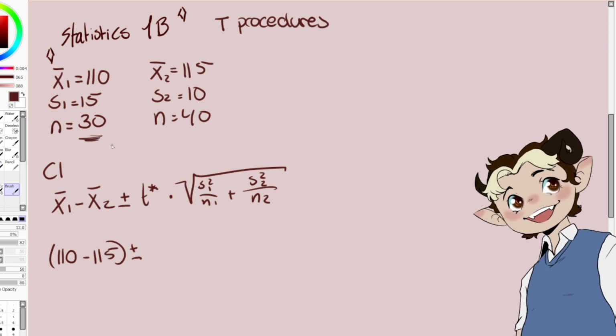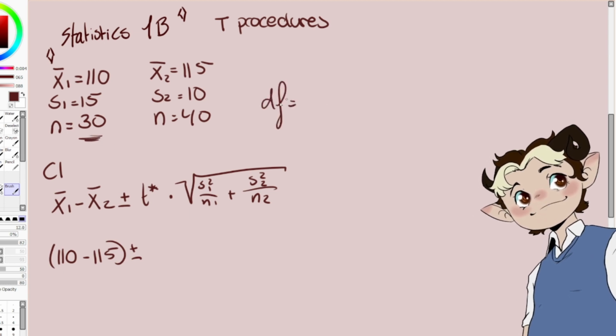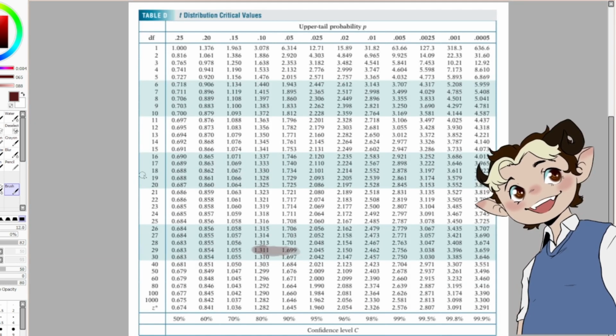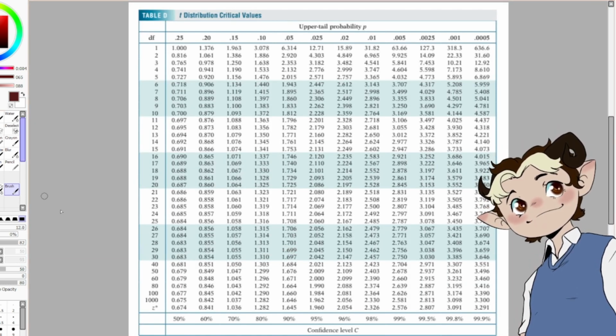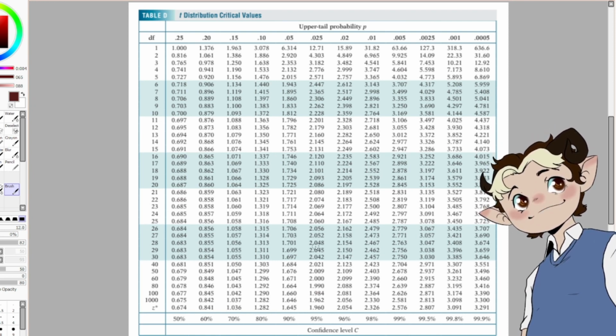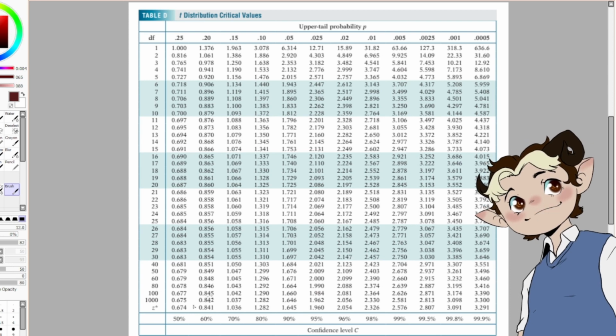Well, we'll once again look at our degrees of freedom, which would be the minimum, so 30 minus 1. If we want to have a 95% confidence interval, we would look over here, and we see that it's 2.045.